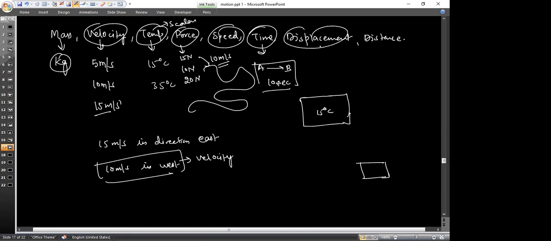Now talking about displacement. If I'm saying an object is traveling 15 meters, it must have a direction. For example, an object travels from O, reaches point A, and then reaches point B. What is the displacement of the object? You must draw a line and you can clearly find the direction.